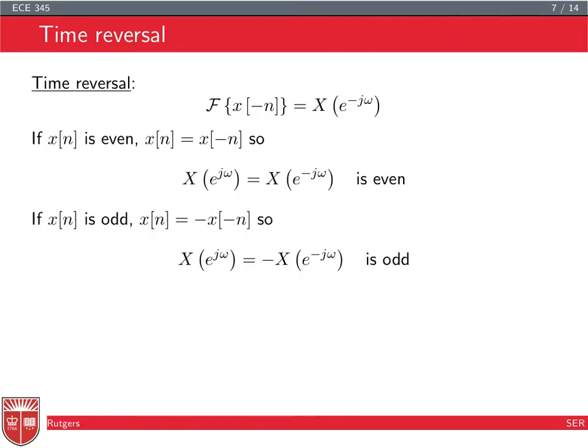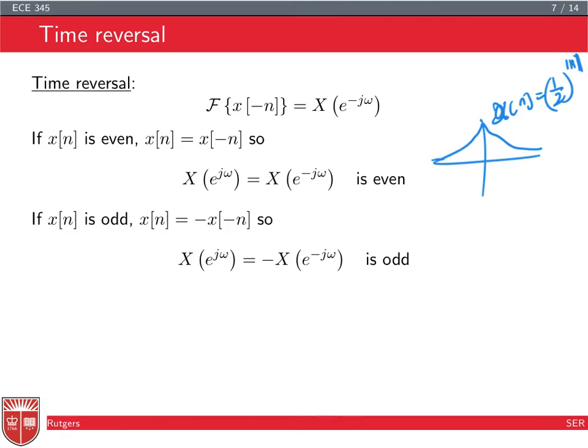This also gives you the property that if x of n is even, meaning that x of n is equal to x of minus n, meaning it's symmetric with respect to the y-axis, something like this. I think we did an example, or I asked you to do an example, where x of n was equal to (1/2)^|n|.